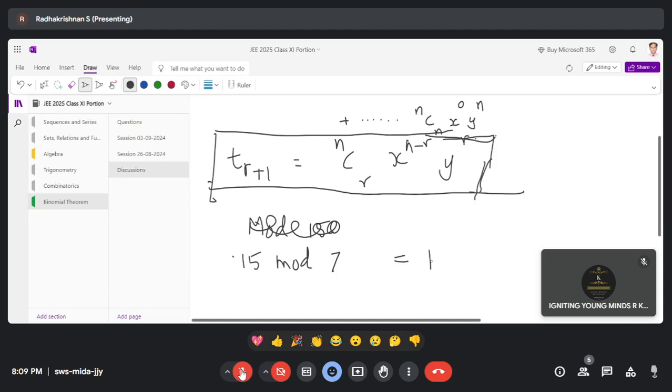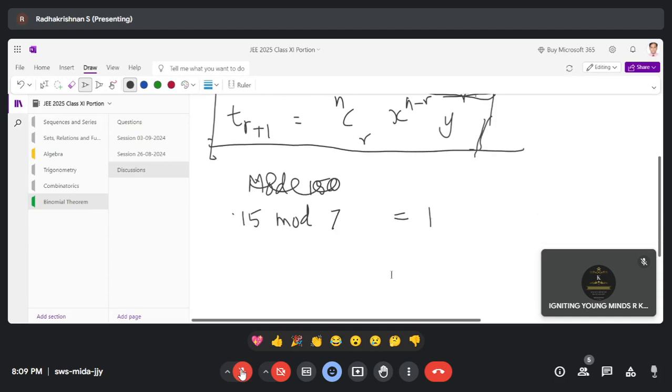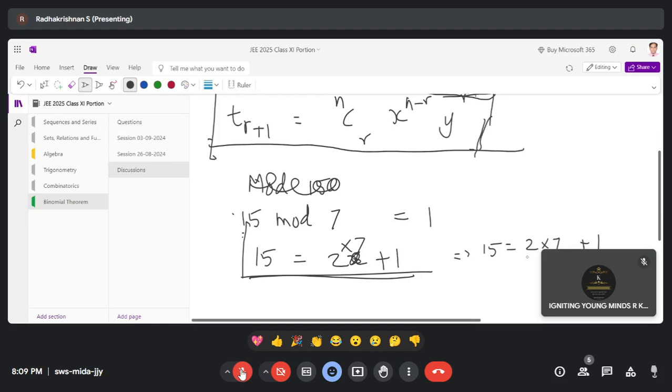இது ஒரு எக்ஸாம்பிள் தான். இப்போ this 15, what this means is that this 15 equal to 2 into 7 plus 1, right?